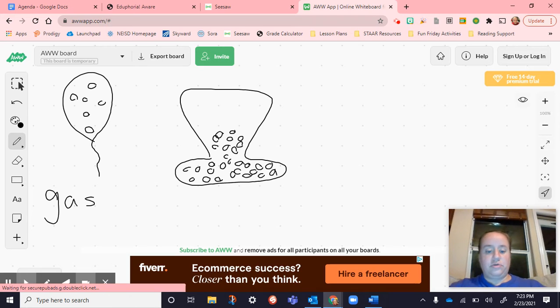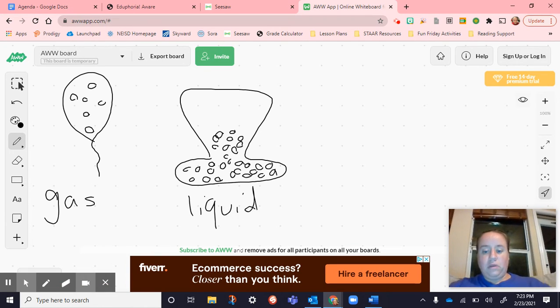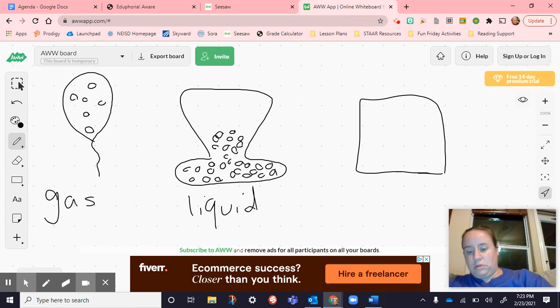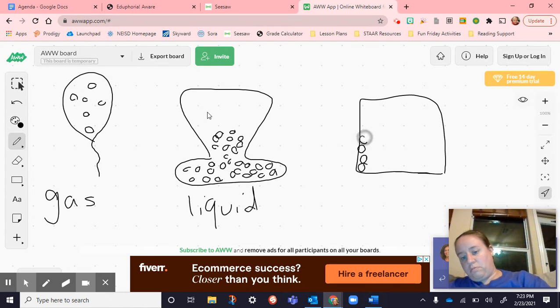Okay, so those are a lot closer together, so that's a liquid. And then our solid, let me see how I can do this on the computer. So solid, you've got the particles. All of these are super, super close together.